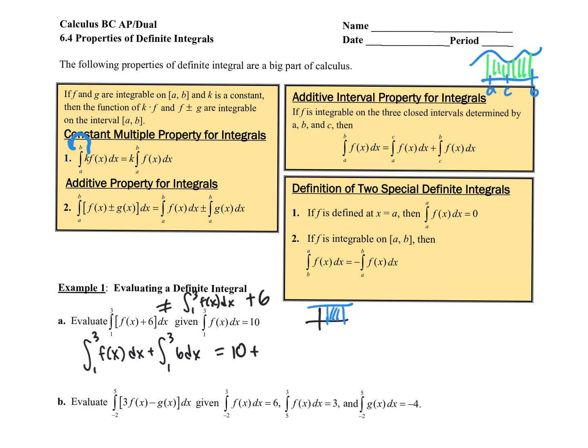It's going to be just a little rectangle, where the width will be the change in x, which is 2, and the height will be 6. So you just have to do 2 times 6. So this will be 22. Anytime you have a constant in here, it's just the constant times the difference in the limits.